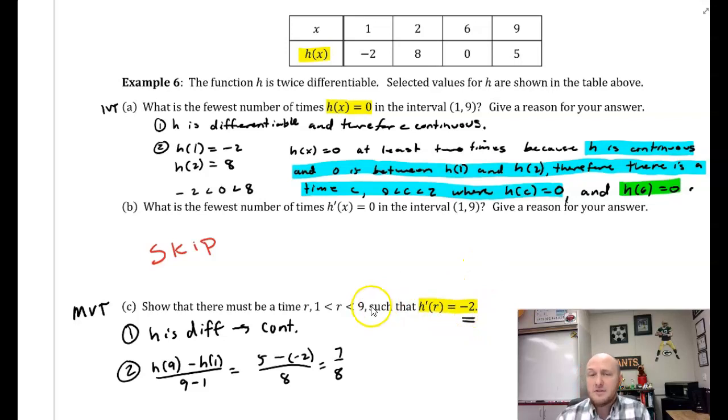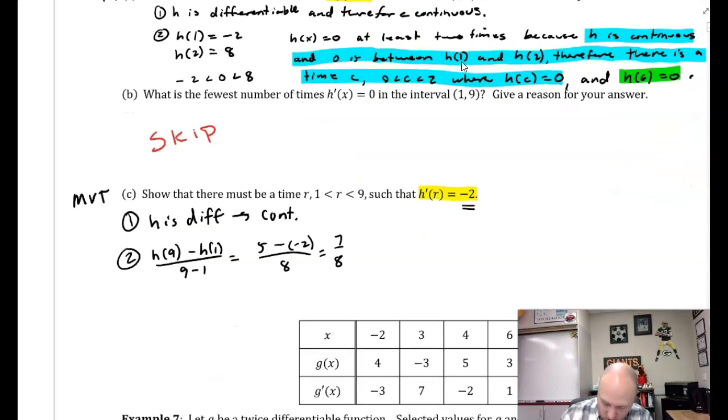So what we have to do is look inside of the interval for an average rate of change of -2. Now, if you look at these two values, 2 to 6, look at that average rate of change. If I go from 2 to 6, we go from 8 to 0.